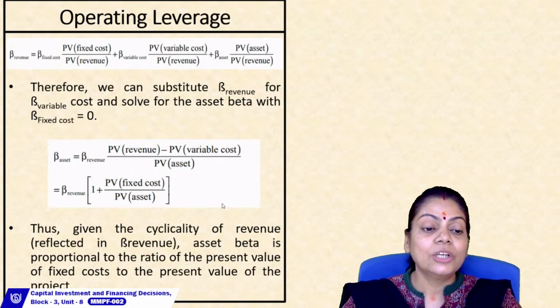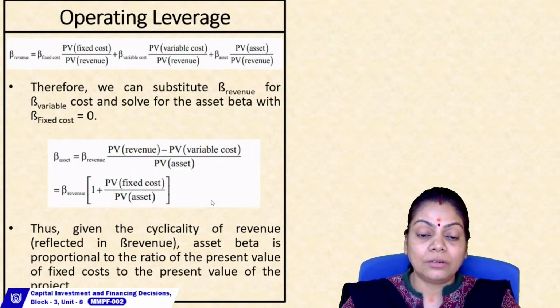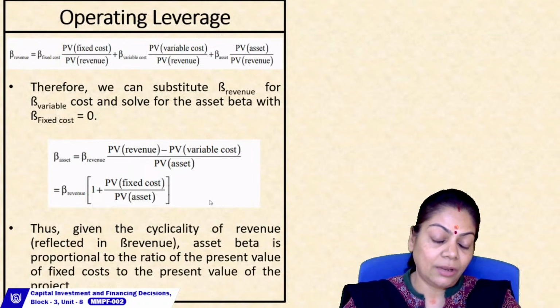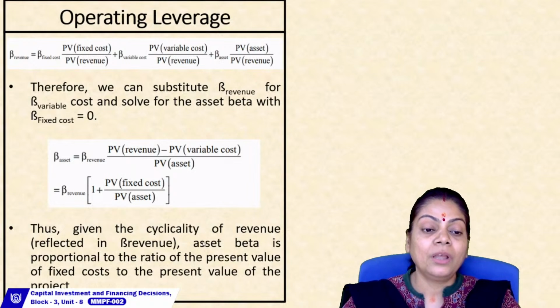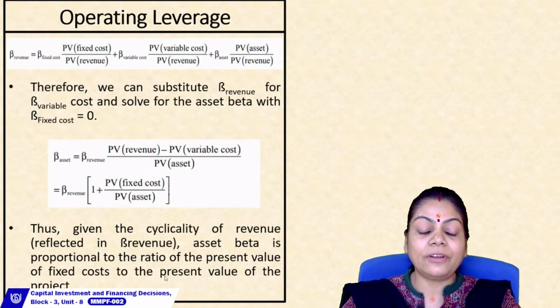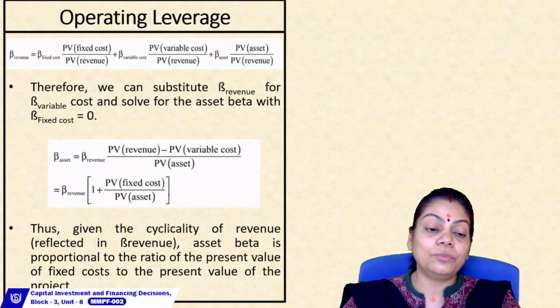So what happens is, if your company is cyclical by nature, the revenue is cyclical by nature, which is reflected in the beta of the revenue. The asset beta is proportional to the ratio of the present value of fixed cost to the present value of the project.